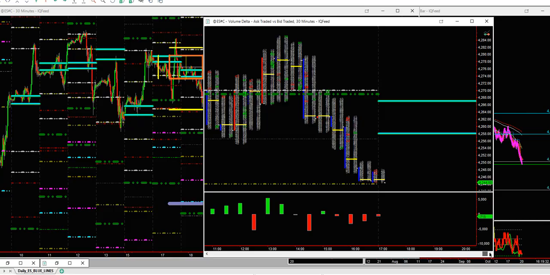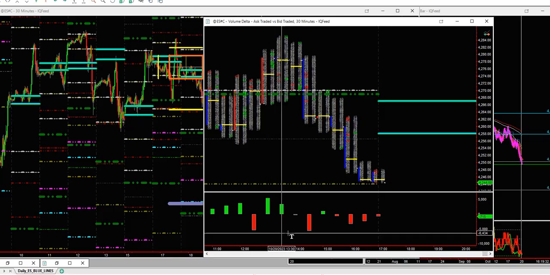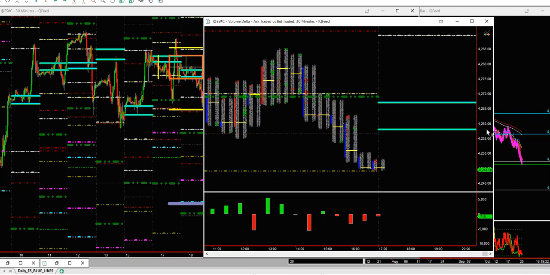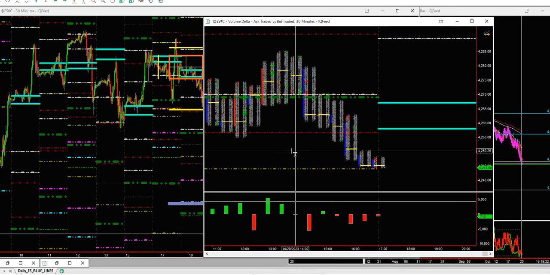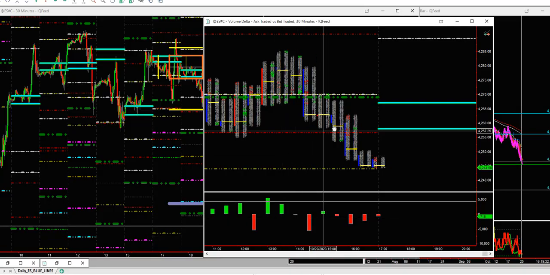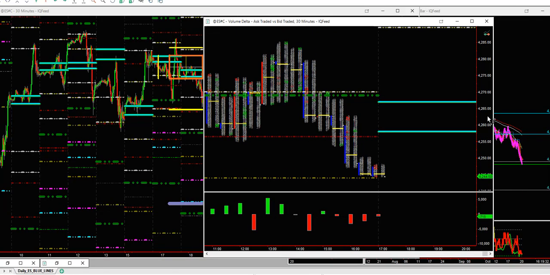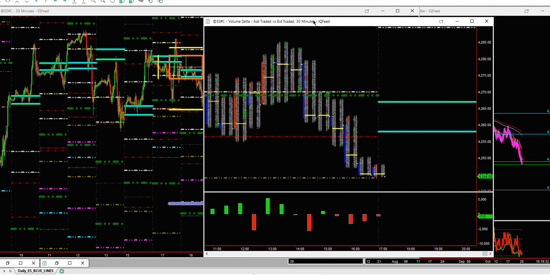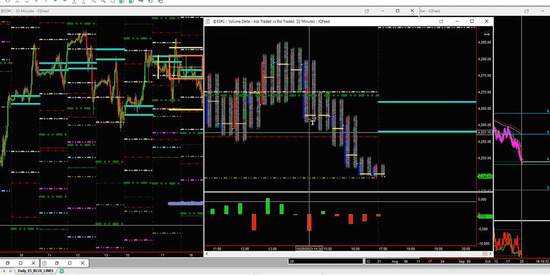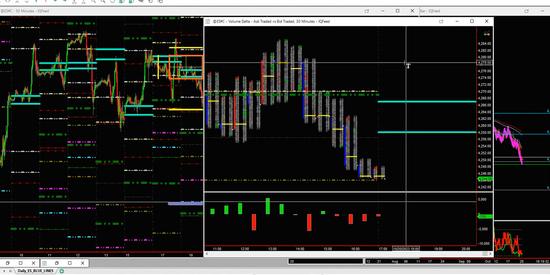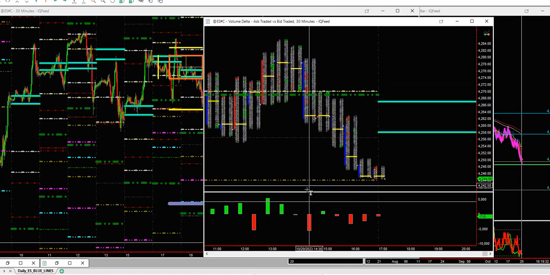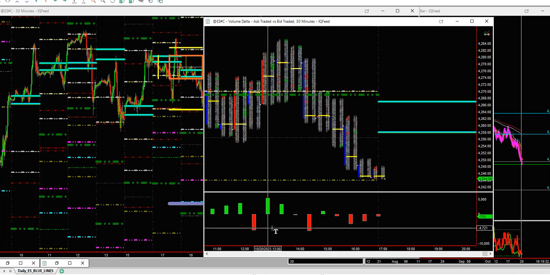And this is a 30-minute chart. And this is a chart which is like EasyLanguage based, not .NET based, which has a lot more signals automatically printed. But here we are, as you can see.